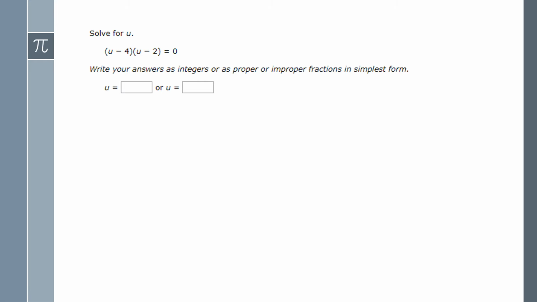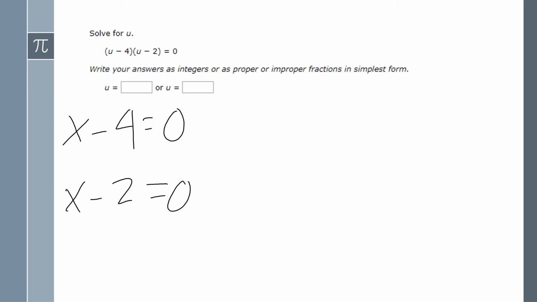All right. So let's solve this equation, which, guess what? It's no different from what we did before in the first one, except it's already in factor form. So since it's in factor form, just set it to 0. All right. So x equals 4, x equals 2.